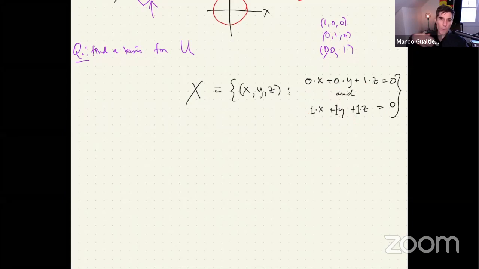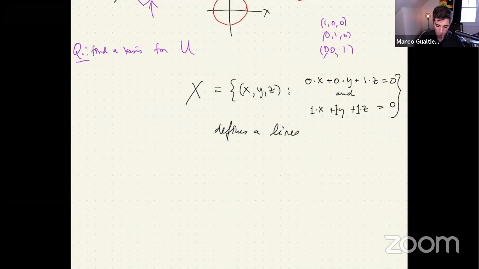So when you place several of these linear constraints, you're just defining a linear subspace of R3.